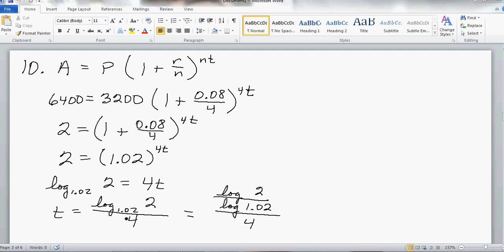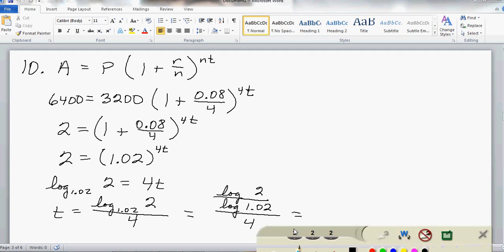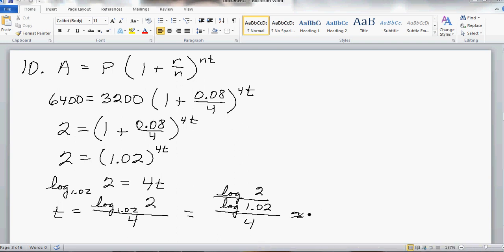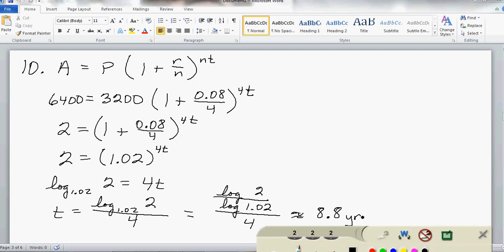Because we don't need to do anything with this, we just need to eventually divide by 4. And when we get all of this said and done and round, and we're told round to the nearest tenth of a year, we end up with 8.8 years. That's what t equals, 8.8. And that's what should happen here when you take log of 2 divided by log of 1.02 divided by 4.